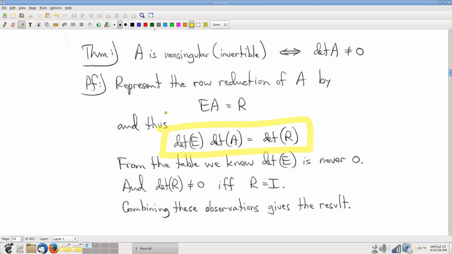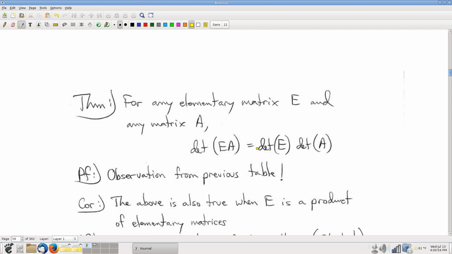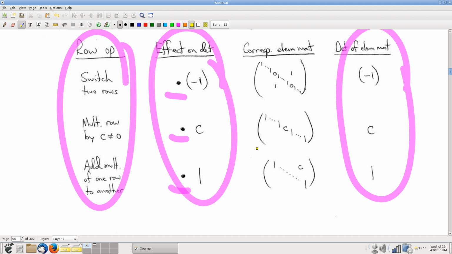we have this. And good news, we know that the determinant of a product of elementary matrices is never 0, and we know this because we know exactly what the determinants are of elementary matrices. Come back up here and see them.